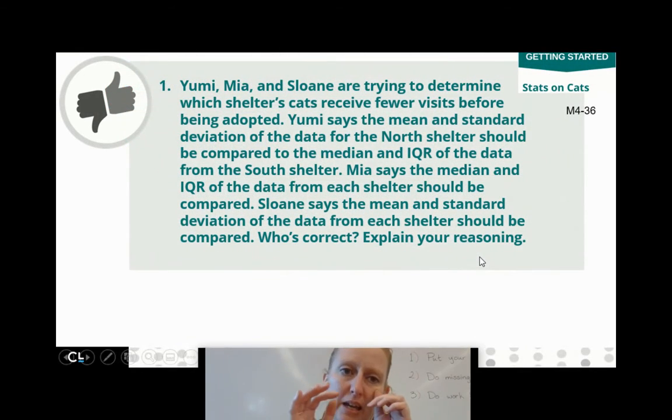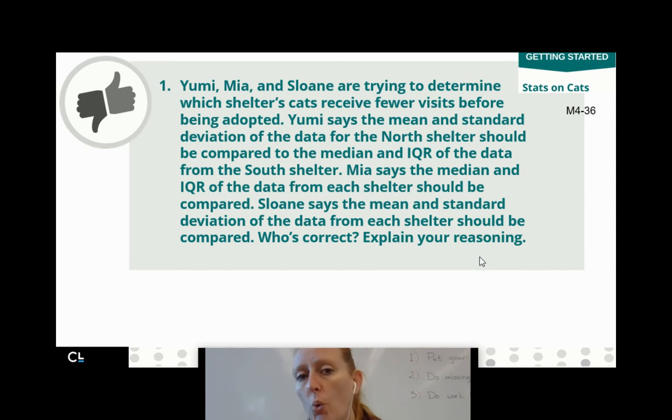Yumi, Mia, and Sloan are trying to determine which shelter's cats receive fewer visits before being adopted. Yumi says the mean and standard deviation of the data for the North Center shelter should be compared to the median and IQR of the data from the South shelter. Mia says the median and IQR of the data from each shelter should be compared.